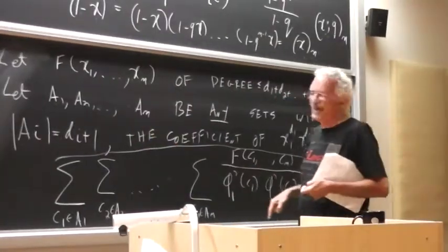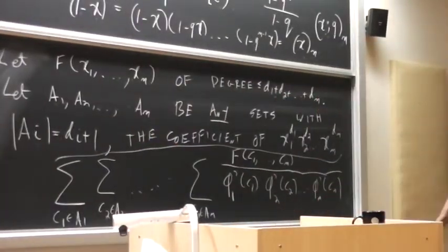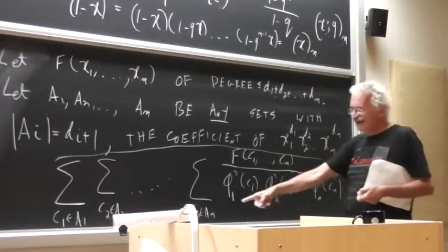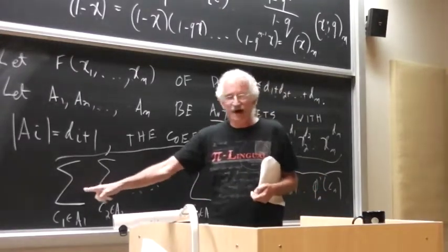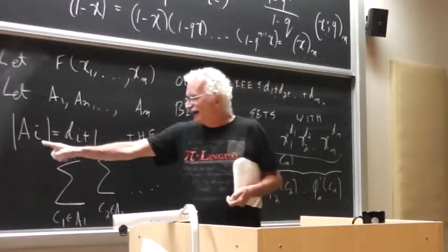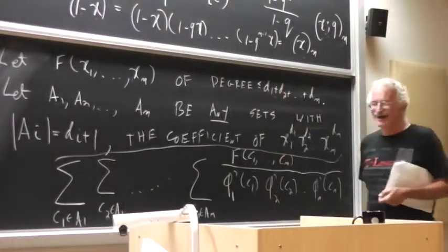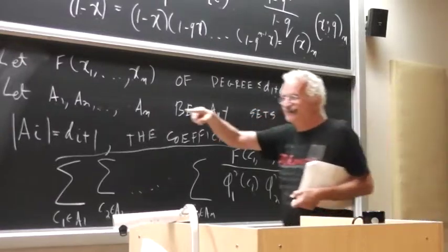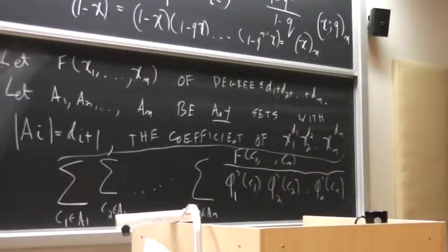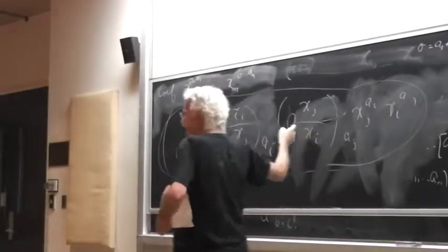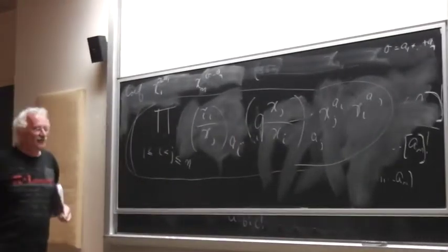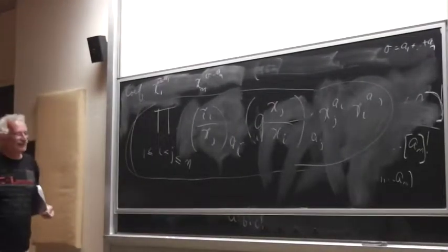If you take a random choice, you get a monster, a huge sum over the d1 plus 1 times d2 plus 1 set. But this is not just an ordinary polynomial. This is a very nice, good-looking factored polynomial.